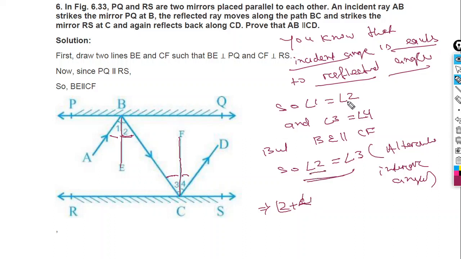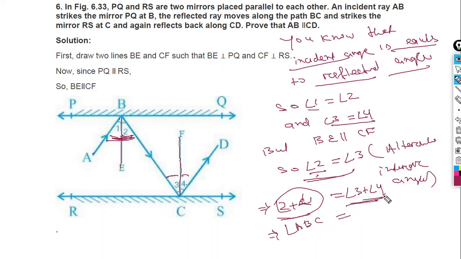As angle 2 equals angle 1, we can write angle 2 plus angle 1 will be equal to angle 3 plus angle 4, because they are the same. Now angle 2 plus angle 1 becomes angle ABC, and angle 3 plus angle 4 becomes angle BCD.